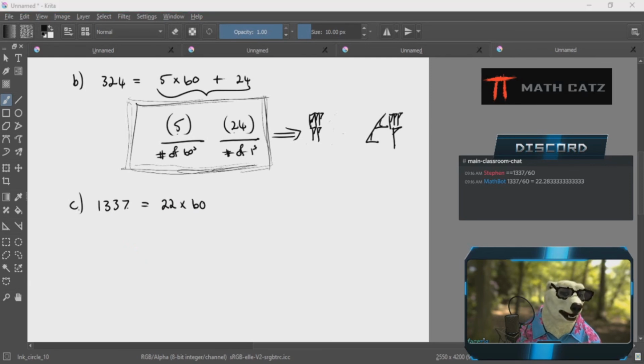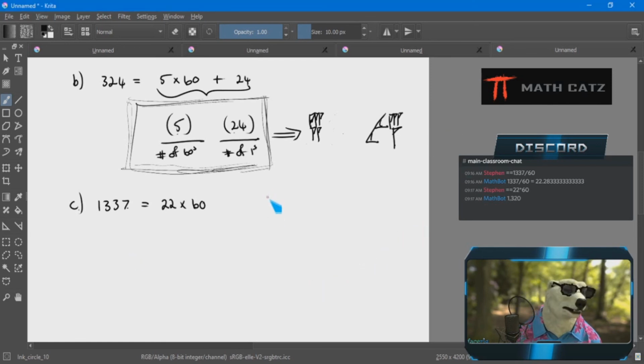Then I might want to know, how much of that number have I used when I look at the 60s? So 22 times 60, and I see that I've used 1320. So obviously then there are 17 left.